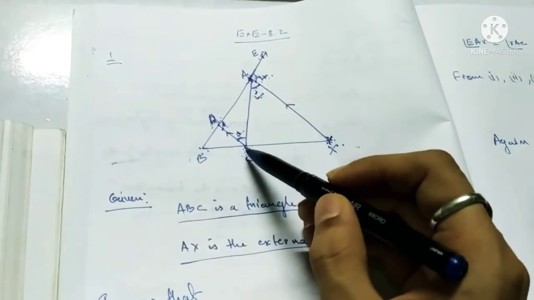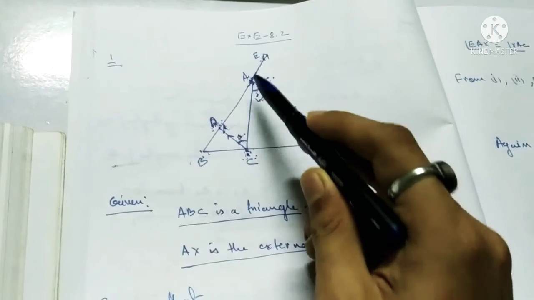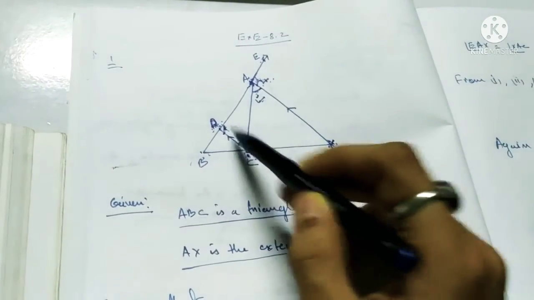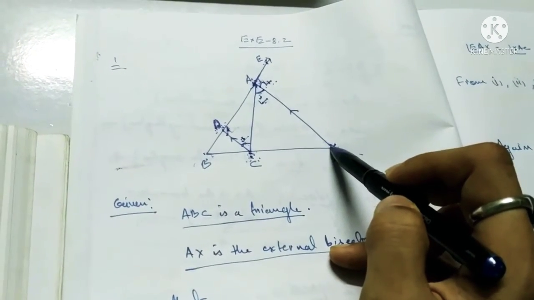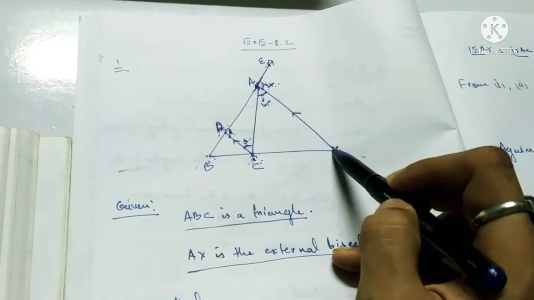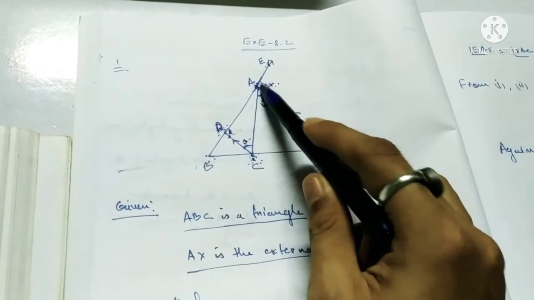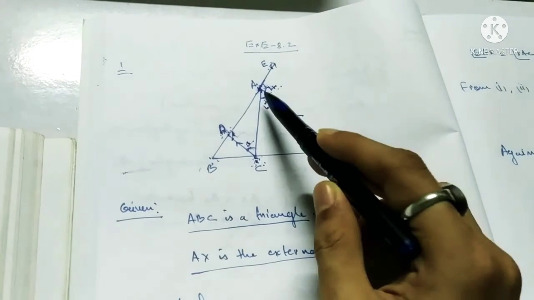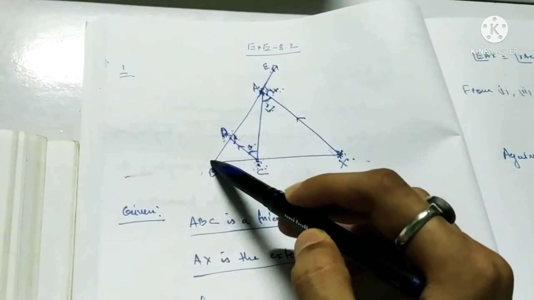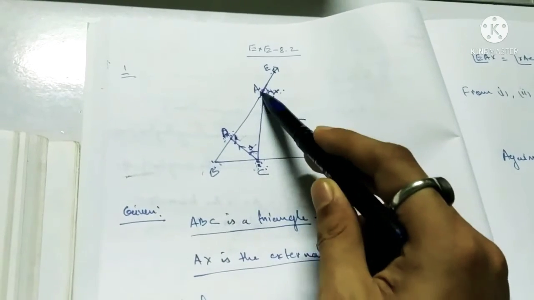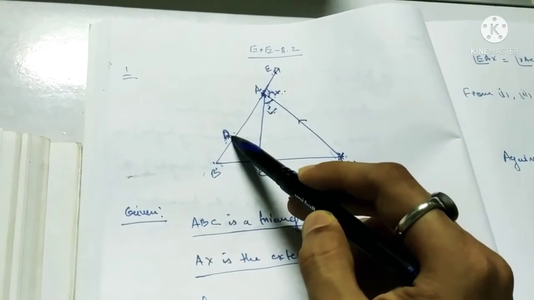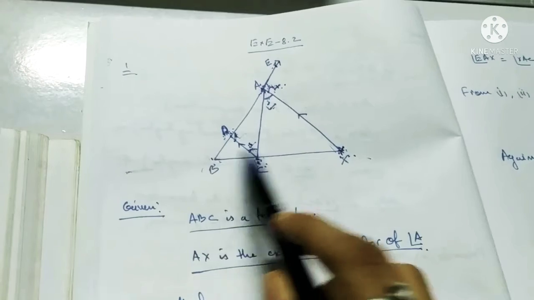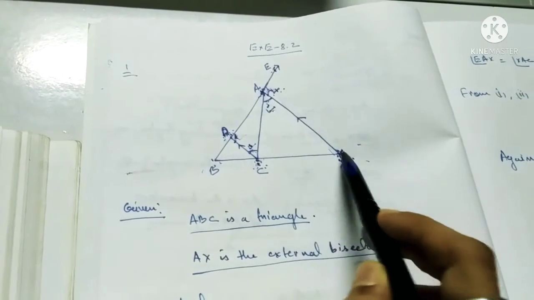Again you see, CD is parallel to AX. So this is parallel to this. Therefore I can say that AB by AD is equal to BX by XC.